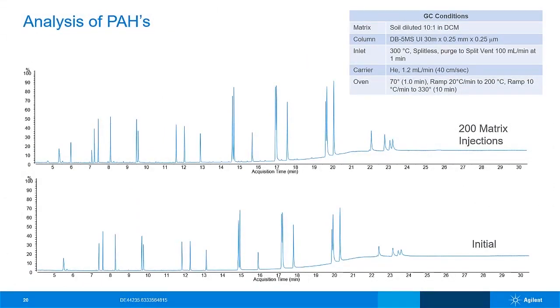The last application I want to show is the analysis of PAHs. Again, very similar results. For PAHs, it depends on the method and on the sample you're using. The polarity of the column will change. This is the example for DB-5MS UI. Some of these PAHs are also part of EPA 8270.